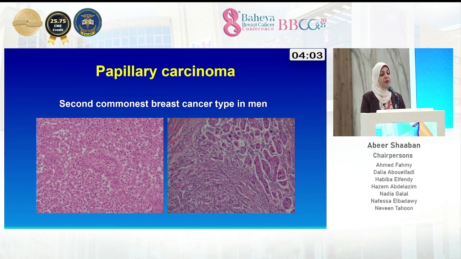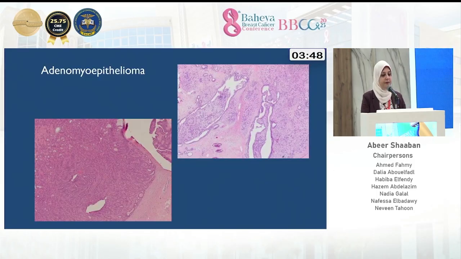Papillary carcinomas also are important in male breast cancer. Unlike the female counterpart, papillary carcinoma in men is the second commonest cancer, and it can be either in situ or invasive papillary carcinoma. Adenomyoepitheliomas can overlap with intraduct papilloma and can have a papillary architecture, as in this case.